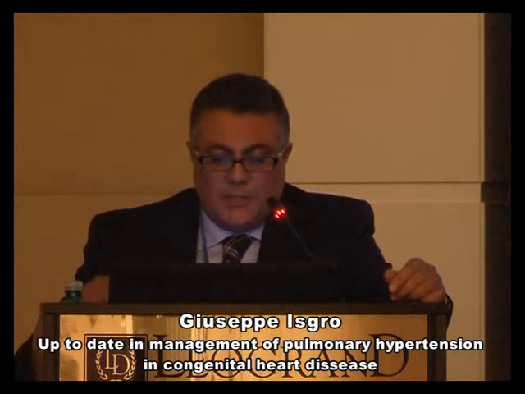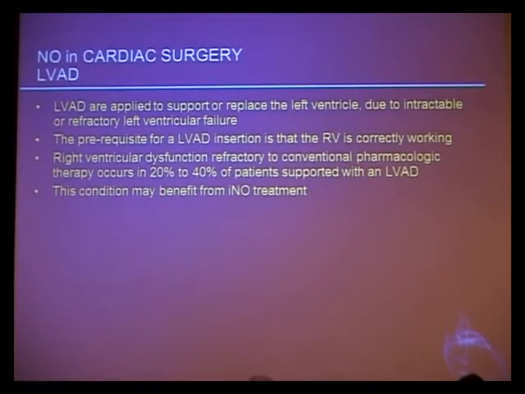The use of nitric oxide in the treatment of patients under an assistance device is well known, and especially when you have a patient with a left ventricle assist device it is useful, because the prerequisite of left ventricle assist device insertion is that the right ventricle is working correctly.